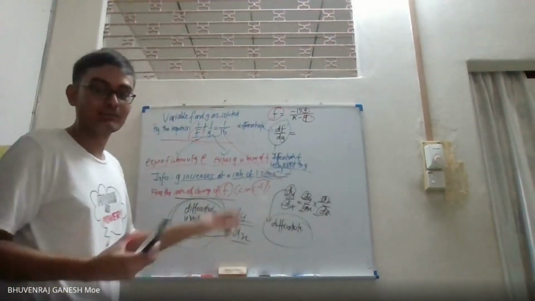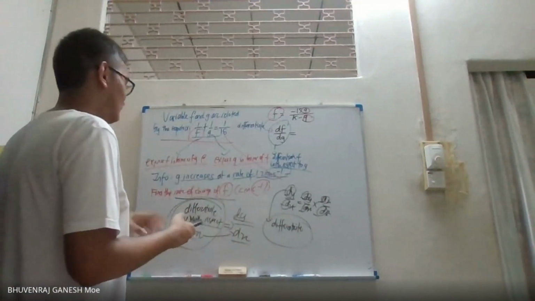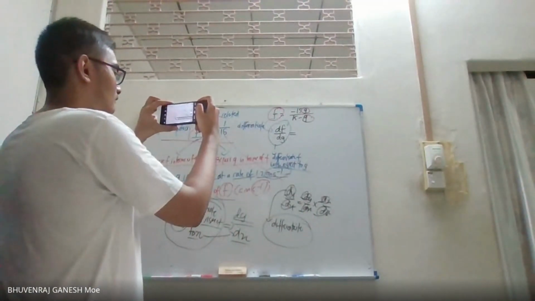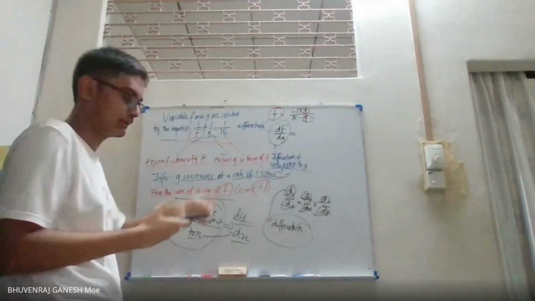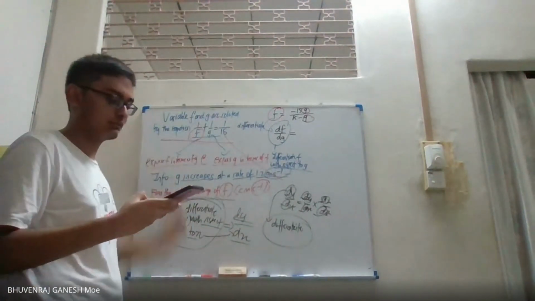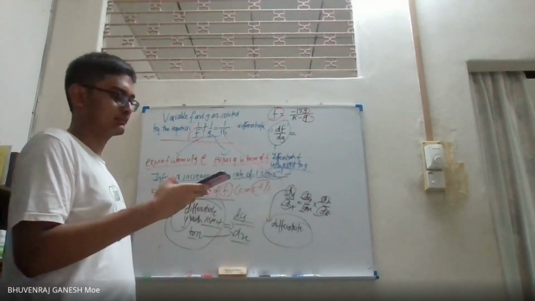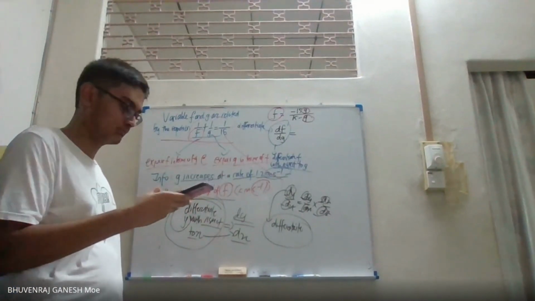So now we are going to apply it to how we solve this question, the real deal of it. Earlier I told you a few ways to solve differentiation, right? I'll ask you a critical question, this one.